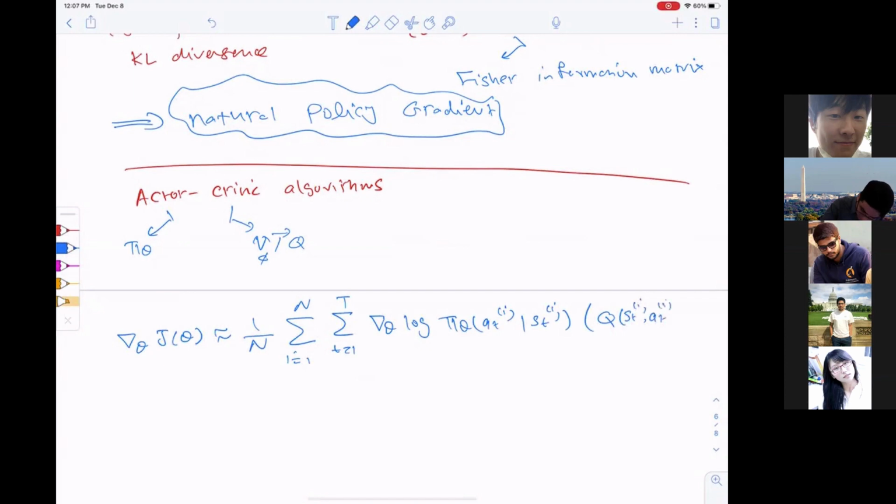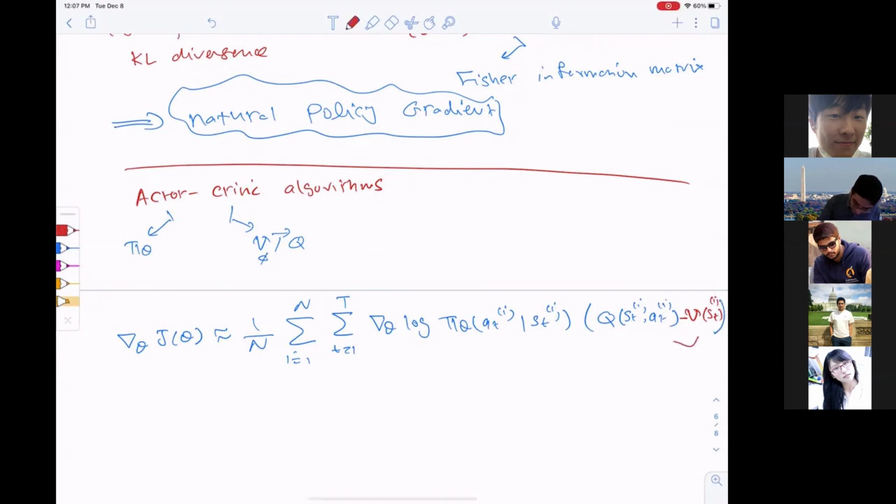And remember, I can subtract a baseline if it doesn't depend on theta, if it depends maybe just on states. And a good baseline is just a value function, because it doesn't depend on A, it only depends on S. So I can do that.